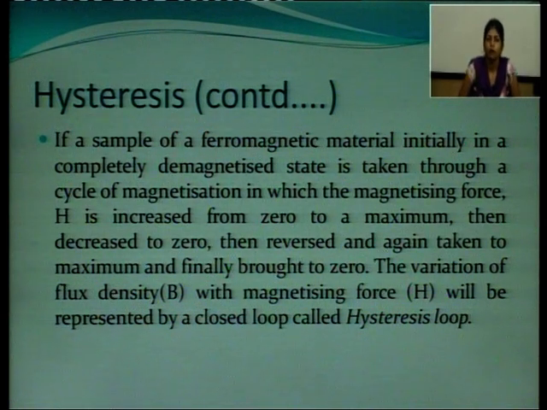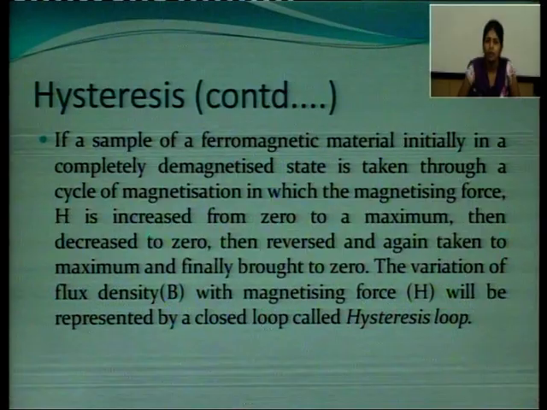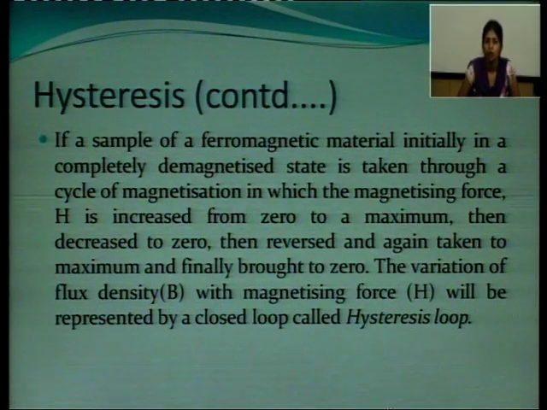If a sample of ferromagnetic material, initially in a completely demagnetized state, is taken through a cycle of magnetization in which the magnetizing force H is increased from 0 to the maximum, then decreased from there to 0, then reversed and again taken to the maximum and finally brought to 0, the variation of flux density B with magnetizing force H will be represented by a closed loop called the hysteresis loop.